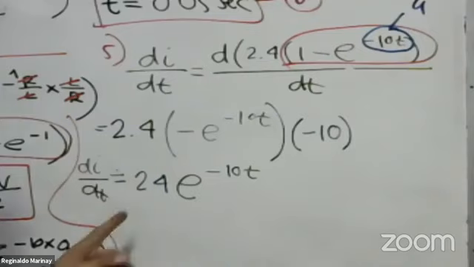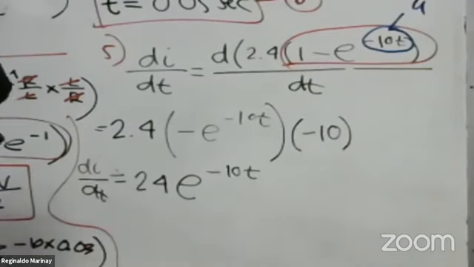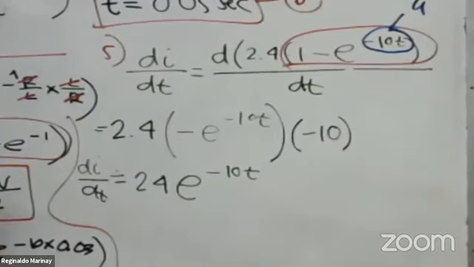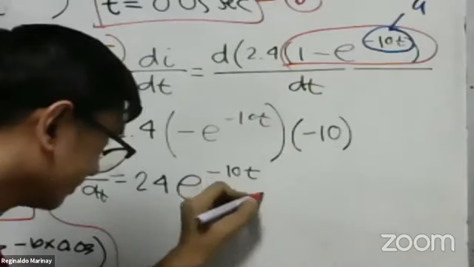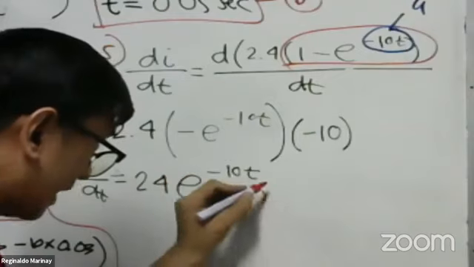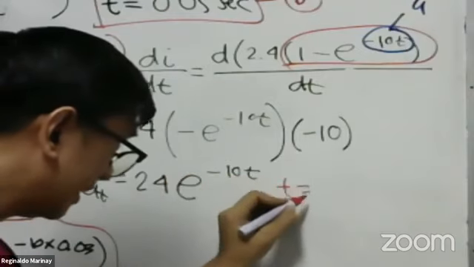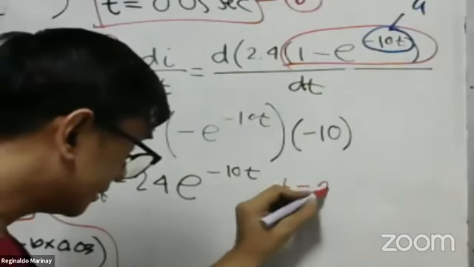Now, what is our time? Our time is equivalent to 2 time constants.